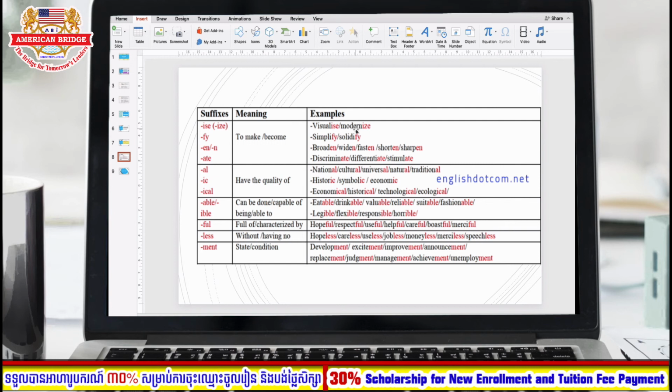But if you want to change this adjective into a verb, you need to use the suffix ize, which becomes modernize, visual, visualize, right?